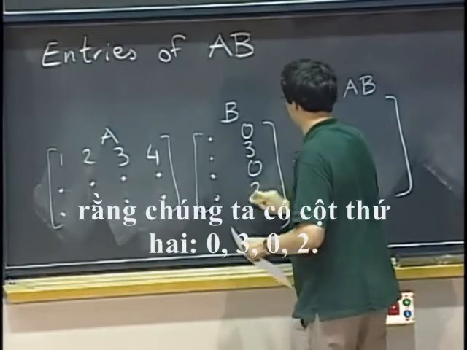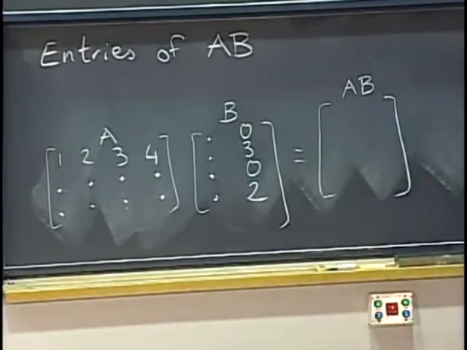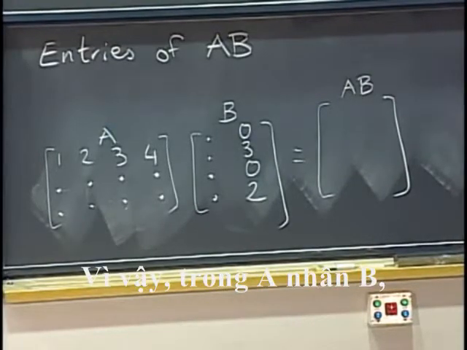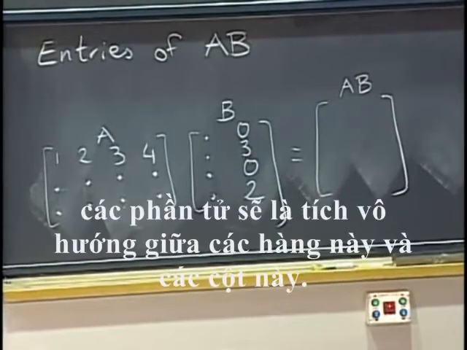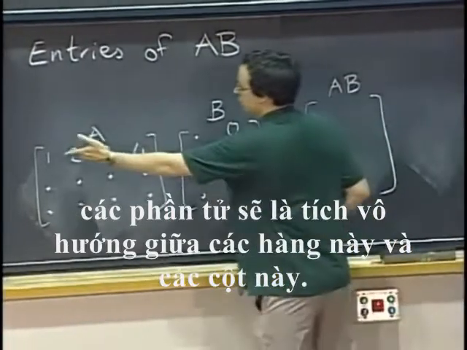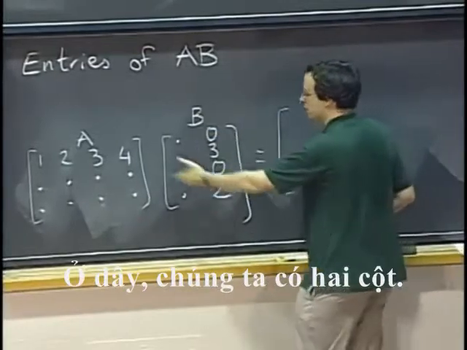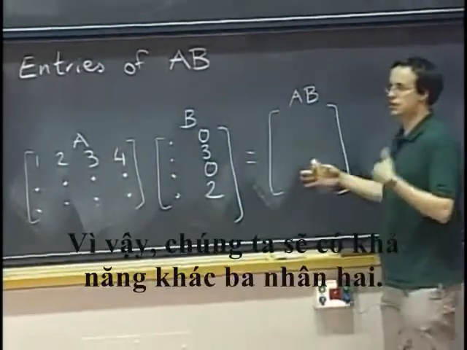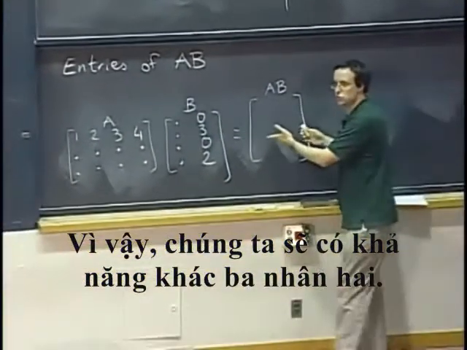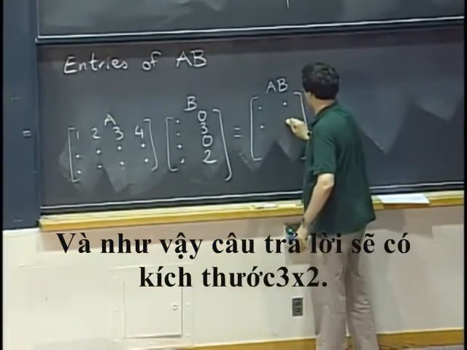And let's say, for example, that the second column is 0, 3, 0, 2. So A times B, I claim, will have entries that are the dot products between these rows and these columns. Here we have 2 columns, here we have 3 rows, so we should get 3 times 2 different possibilities. And so the answer will have size 3 by 2.